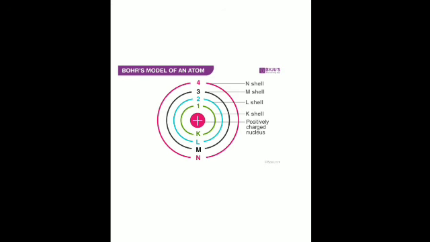So what is electronic configuration? I have told you that electrons revolve around the nucleus in these energy levels or orbits, and they have different energy, and how they are arranged, that is how they are distributed around the nucleus in the various shells, that is determined by the electronic configuration.